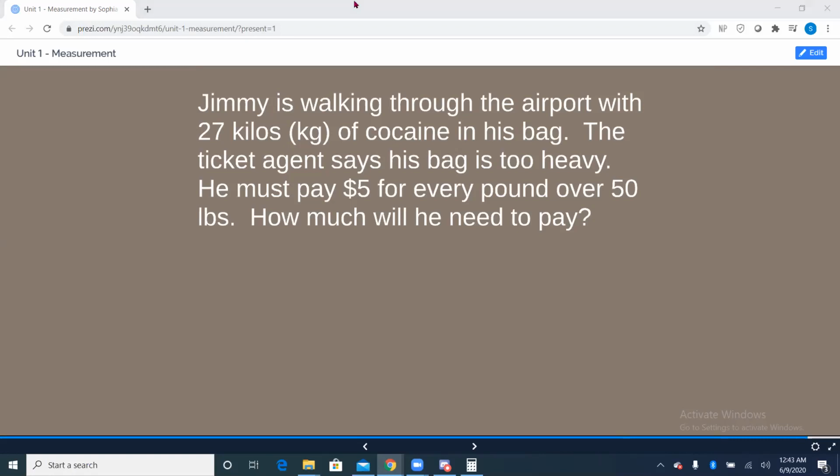Give me a whiteboard. Okay, so 1 kilogram is equal to 2.21 lbs. That's the shorthand for pounds.